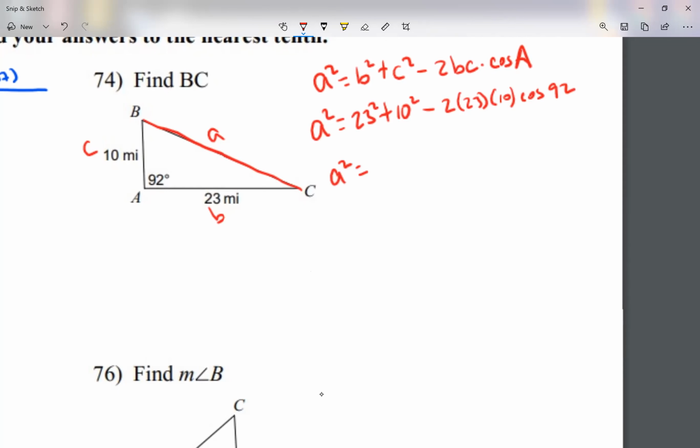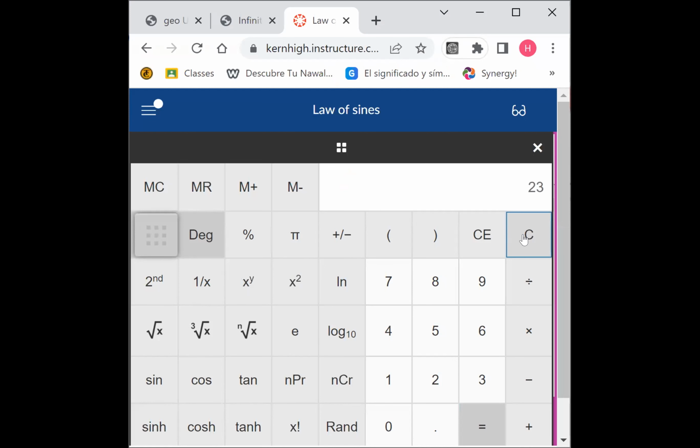I know it's kind of lengthy, but I'm just going to type it in anyway, so it's not much of a big deal. So I'm just going to go 23 squared plus 10 squared minus 2 times 23 times 10 times cosine of 92.